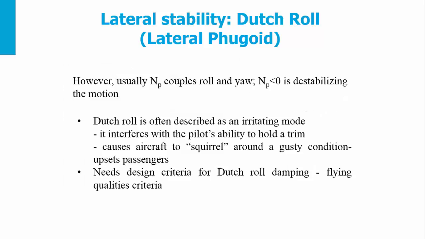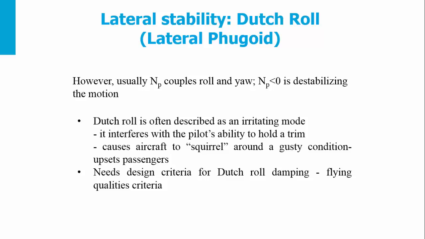Usually the Np derivative, so the variation of the N moment, that is the yaw moment, with respect to a roll perturbation, couples the roll and the yaw. If the Np is smaller than 0, it is destabilizing the motion.